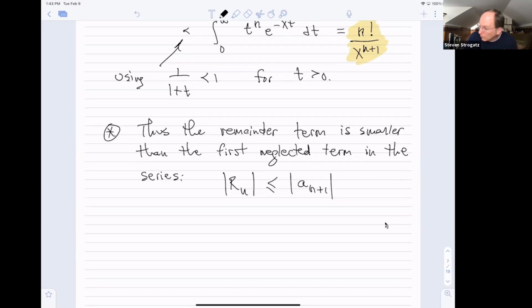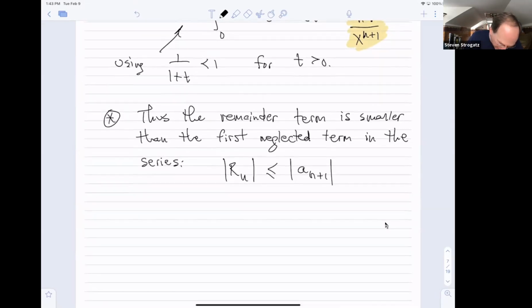And so we can say things like this. What if we had taken one more term? The next term that we didn't take, remember we stopped at, I think, there was a denominator of 10 to the 4th. It was a 3 factorial over 10 to the 4th.